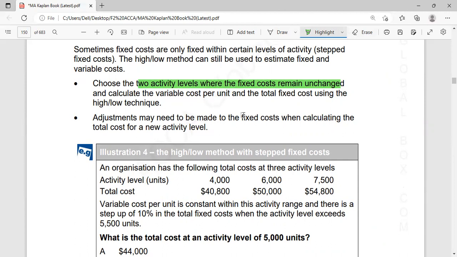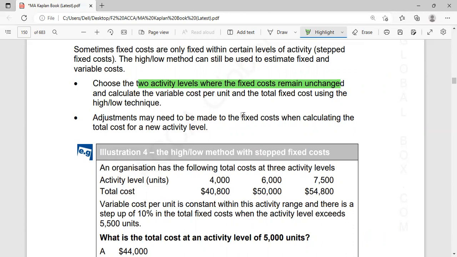Now, when we were calculating variable cost per unit in the above example, we were just looking at the highest and lowest cost and their relevant activity levels. But when there is a step up in fixed cost given in the question, you have to identify those two activity levels where the fixed cost remains unchanged, where there is no change in fixed cost.